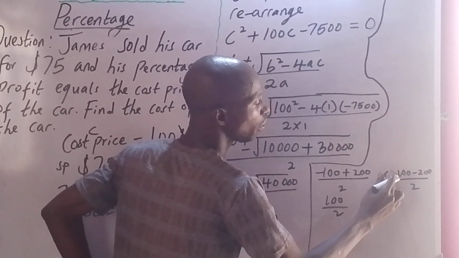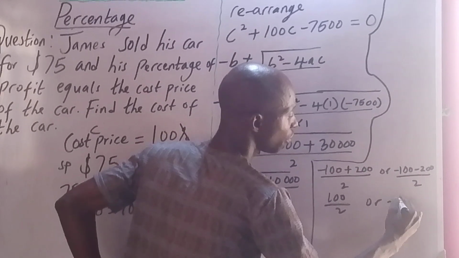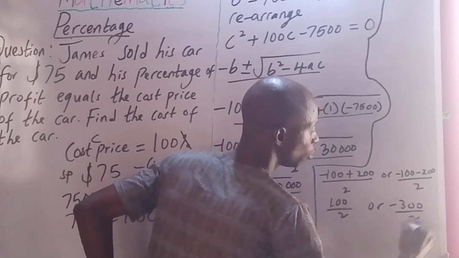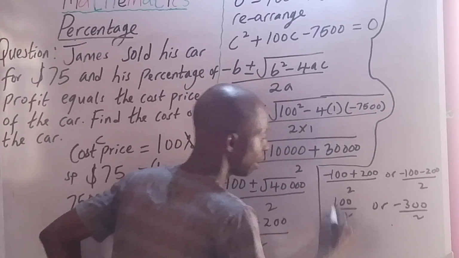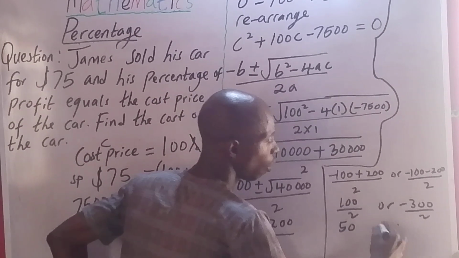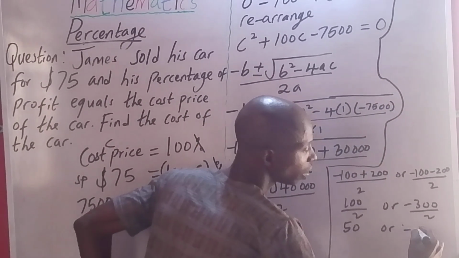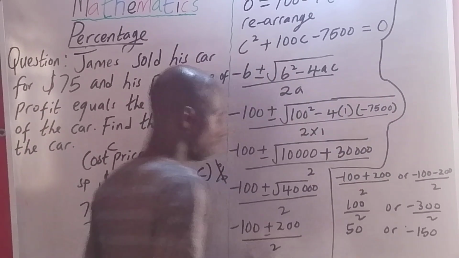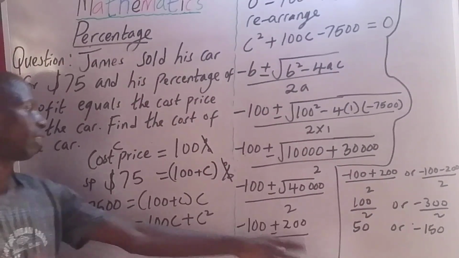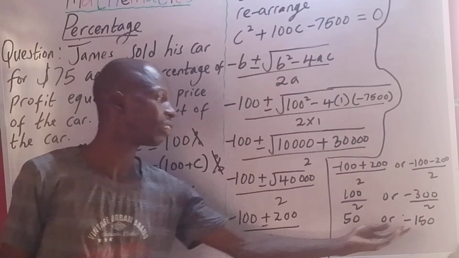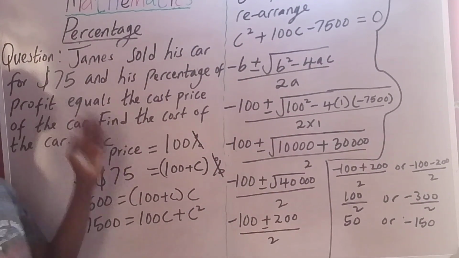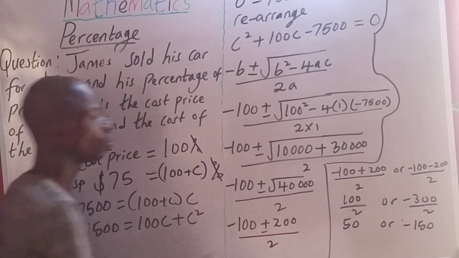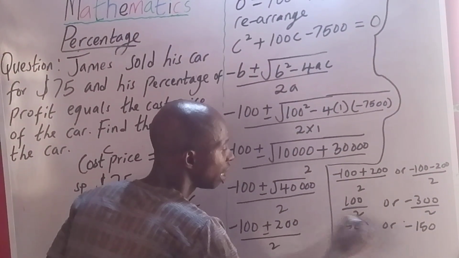Or you're owing somebody 100, you're owing another person 200, that's minus 300 over 2. This gives me 50 or minus 150. Your cost price will either be this 50 or this minus 150. Remember, our cost price can never be a negative value, so we'll settle for 50, which is the correct answer.